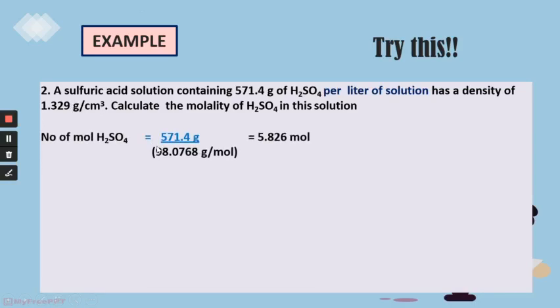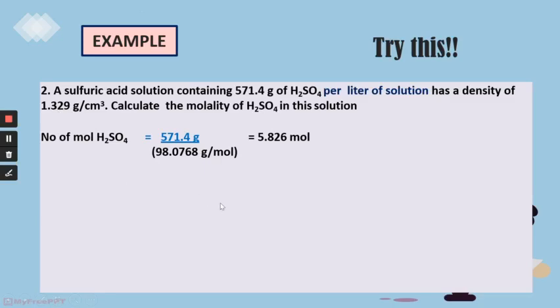So firstly, calculate the number of mole of the sulfuric acid. Given the mass, according to the formula, number of mole equals mass over molar mass, so you will get 5.826 mole. Cancel out the gram and gram here. And then the solution density is given, so you have to calculate the mass of the solvent.